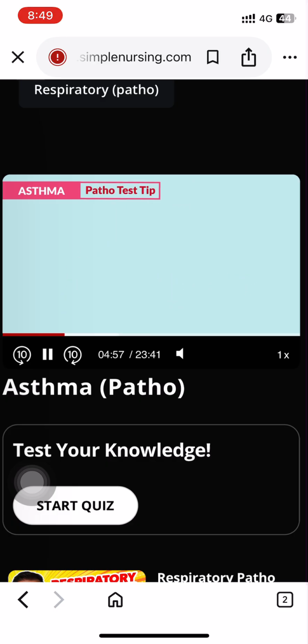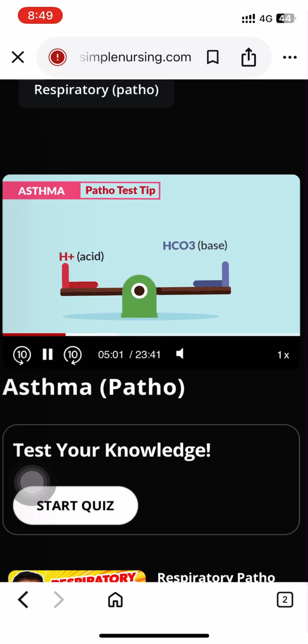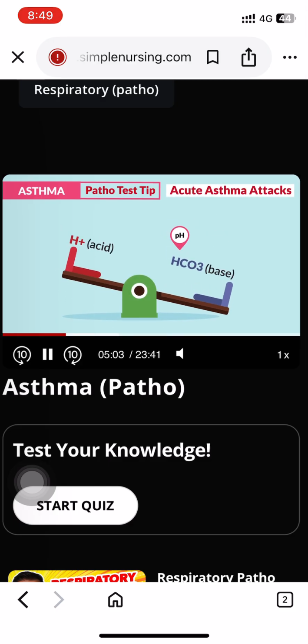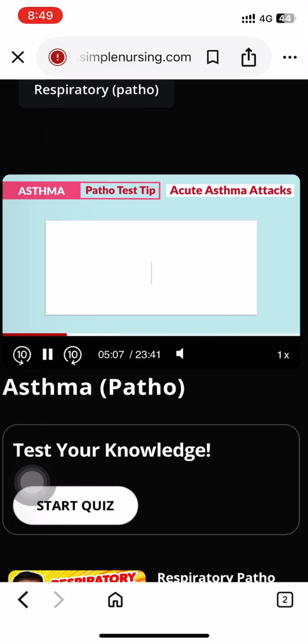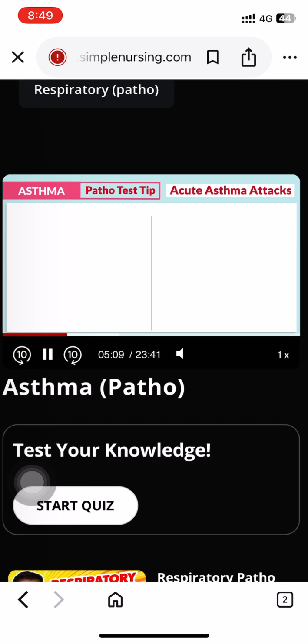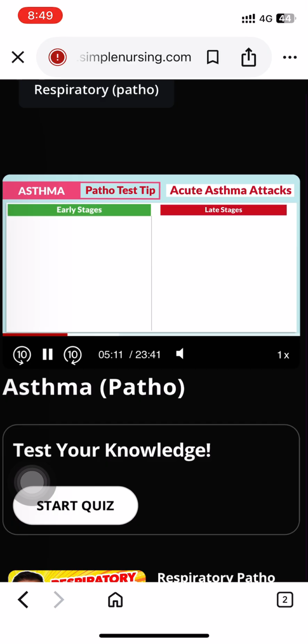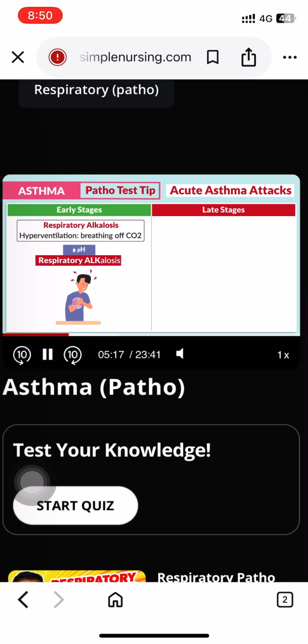Now for a big patho test tip for your pathophysiology on acid-base imbalances during acute asthma attacks. So please be sure to write this down. Many exam questions love to ask about the early stages and late stages of acute asthma attacks. So for early stages, we see respiratory alkalosis from hyperventilation.